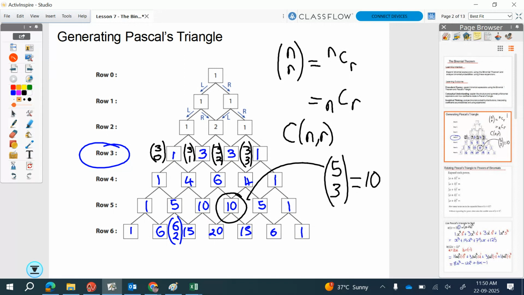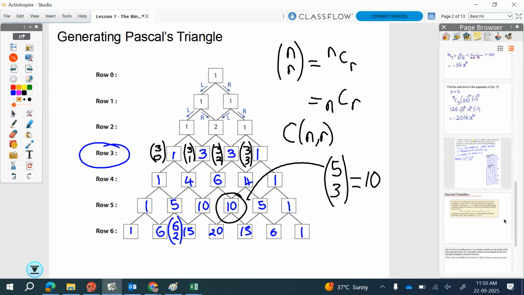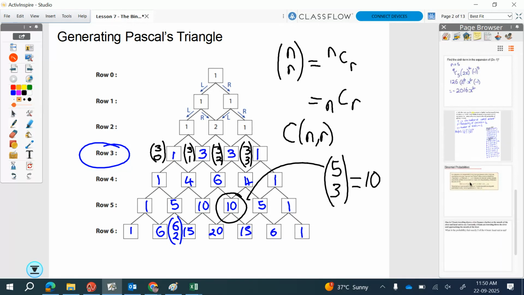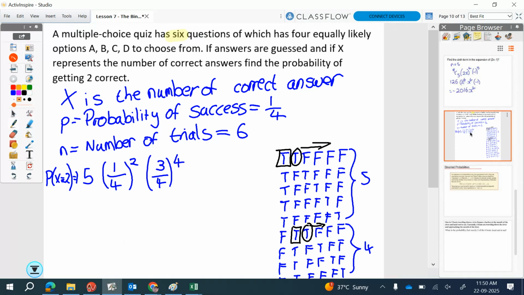So this 6 and the 2, where's that coming from in our question? The question is how many correct? We want x equal to 2, and we've got n equal to 6. 6 and 2. Okay, so we can do this.